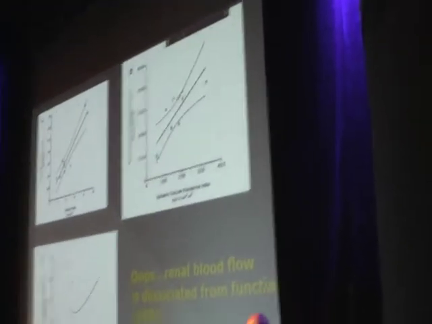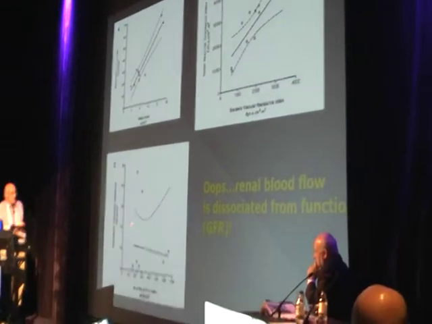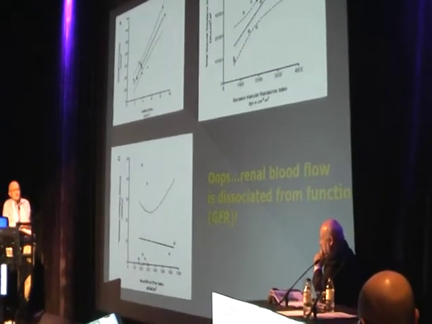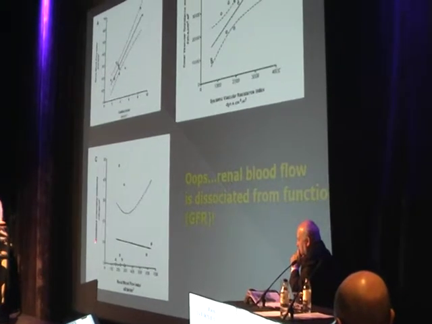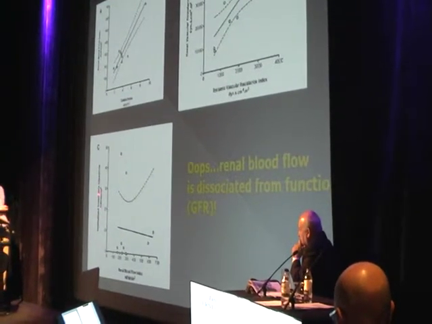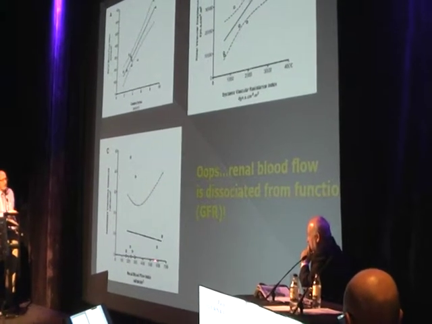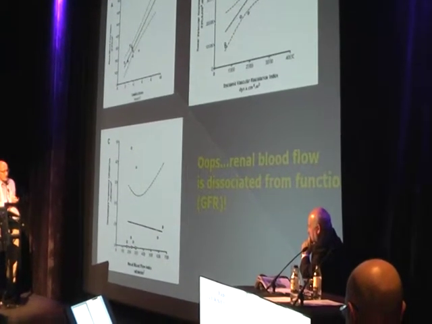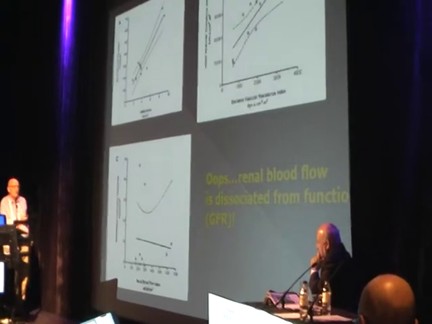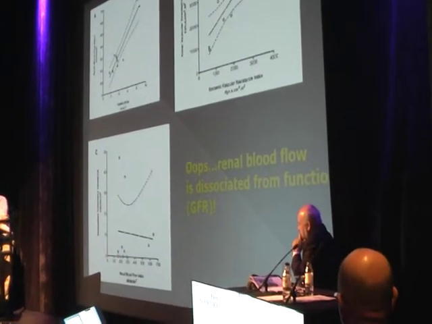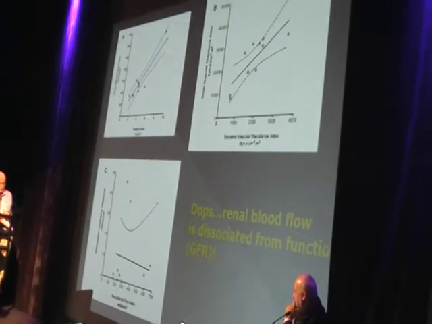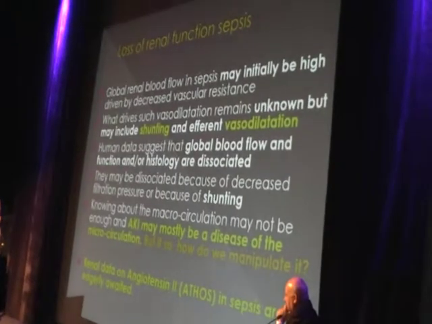You find that there is a clear dissociation between the renal blood flow, global, as measured by phase contrast MRI, and the creatinine clearance. So you can have high flows and low clearances, medium flows and relatively preserved clearances. So renal blood flow is dissociating from function in human beings, just like it is dissociated from function in sheep.